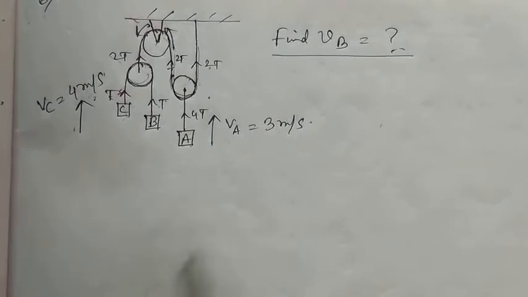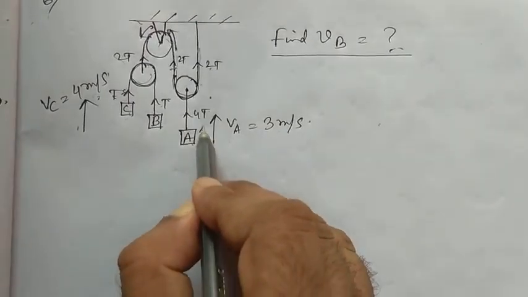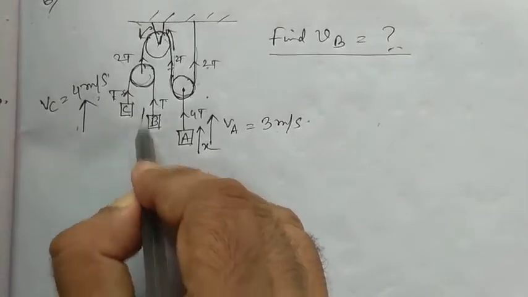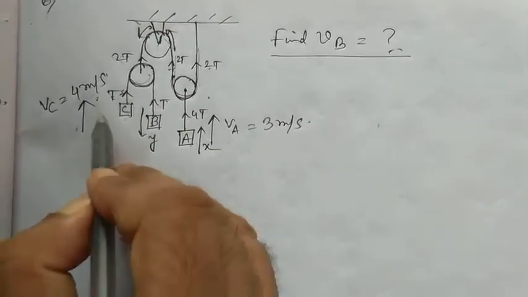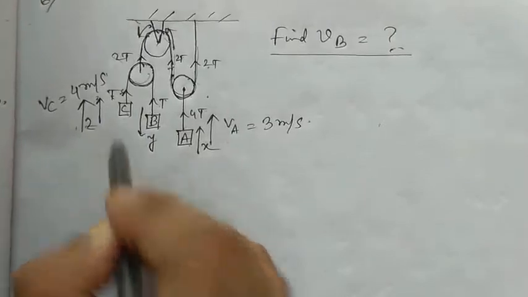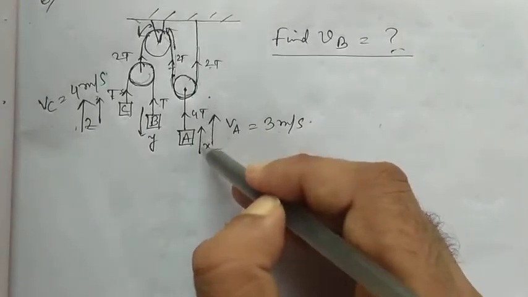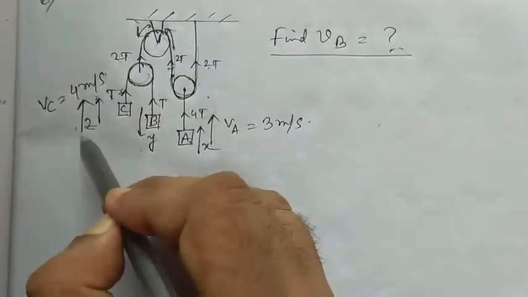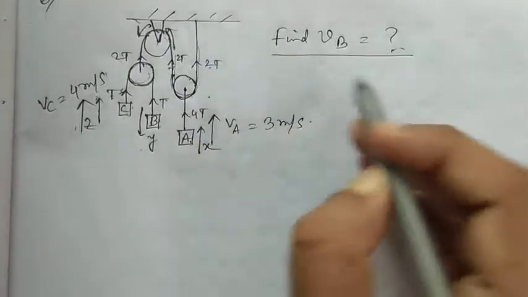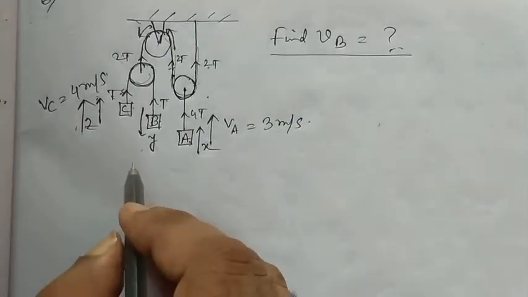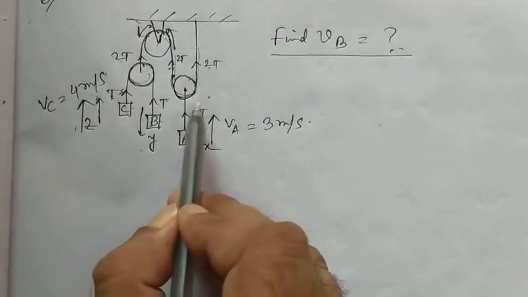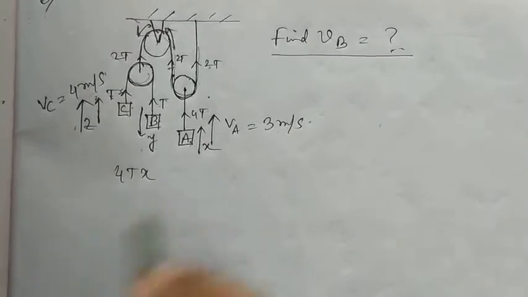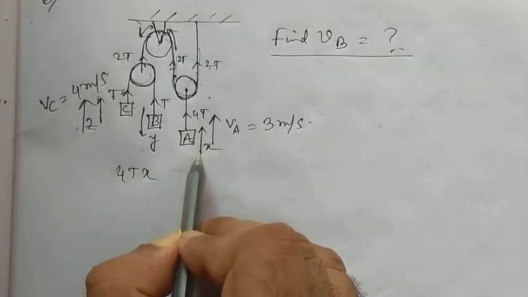So if we take the displacement of A to be X upwards, displacement of B to be Y downwards, and displacement of C to be Z upwards. So X upwards for A, Y displacement for B downwards, and Z displacement for C upwards. Then the equation can be written as for this block A, 4T into X. Both the directions are same, upwards.